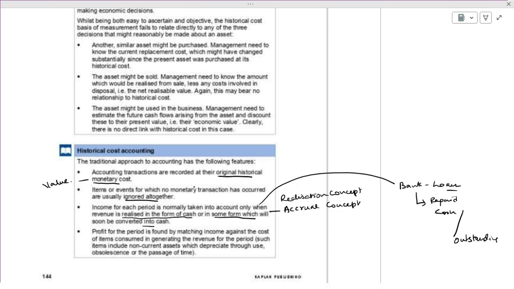What is the message we are getting from here? Unless you have received it, don't treat it as cash. You may receive it in future, you may receive it tomorrow, that's okay. But you have not received it now, so you should not treat it as cash.